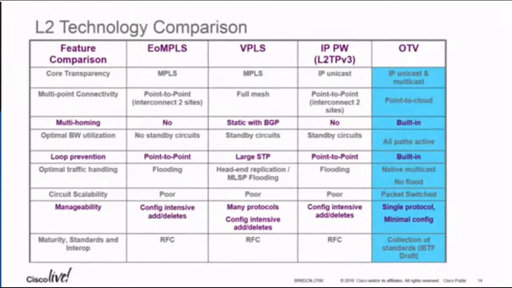But in OTV, we would need a single protocol, and a very minimal amount of config is probably required. When I talk about a single protocol, there'd be a question coming to your mind, are we going to use any such protocol to make OTV work? No. It will be running in the background itself, and you don't need to configure that specifically.